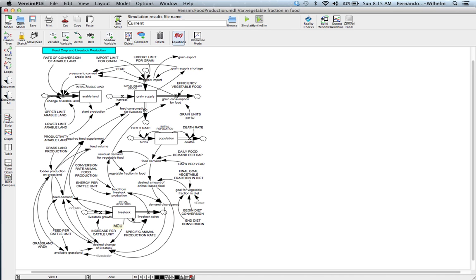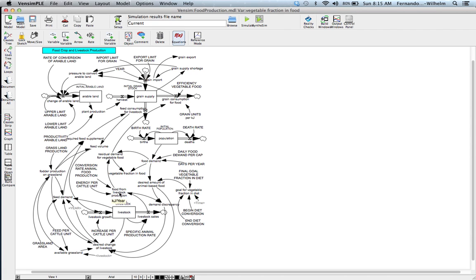The livestock stock, no pun intended. Livestock, like any population, has a growth rate, and in this case it's not a death rate but an output rate of livestock, which is essentially the output of livestock becoming food. Once you know how much food is produced to be consumed by humans, you can compute this residual for vegetable food.